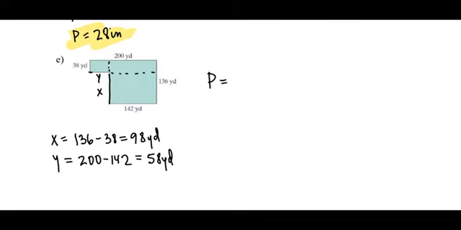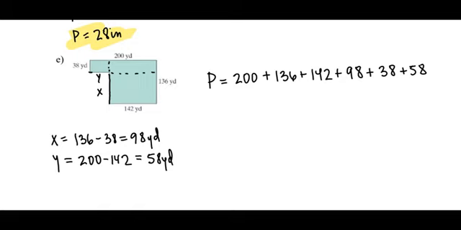Now I'm ready to do the perimeter. So add all these numbers. 200 plus 136 plus 142 plus X was 98 plus 38. Okay, and then the Y was 58. So let's see, how many segments do we need? 1, 2, 3, 4, 5, 6 segments.